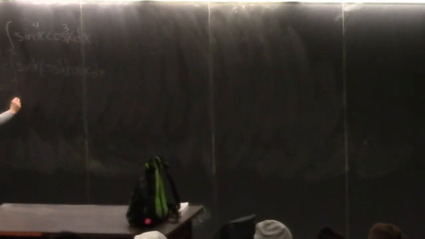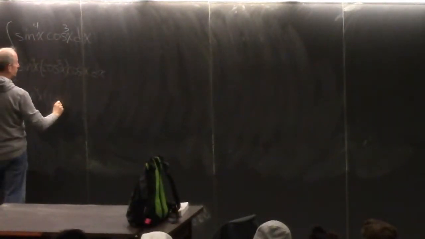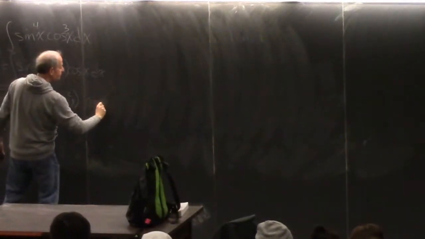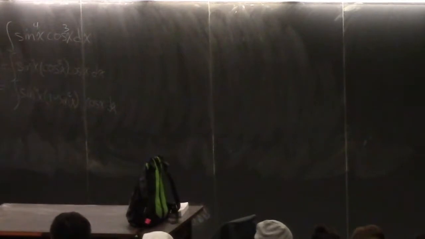Very sad. All right. Now, cosine squared is 1 minus sine squared. Now I can do u substitution. What am I going to let u equal?